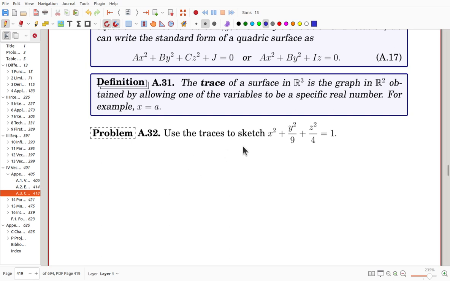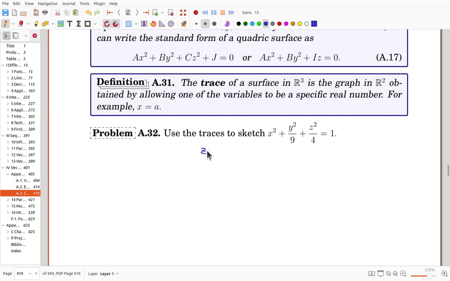Use the traces to sketch x squared plus y squared over 9 plus z squared over 4 equals 1. Okay, for that one, we may try to get traces along with, for example, the z variable.